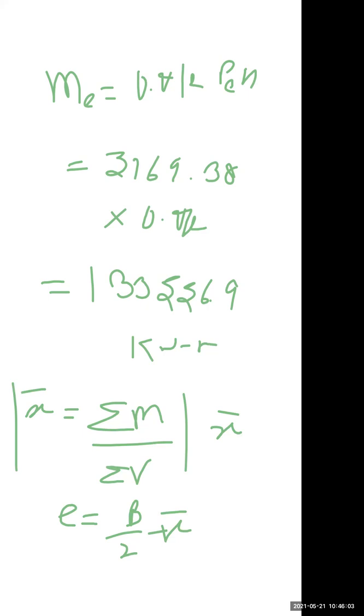So what is the x bar value? X bar value is near 19.47. After calculating the value of e, it is approximately 11.5. Everyone please check the value.